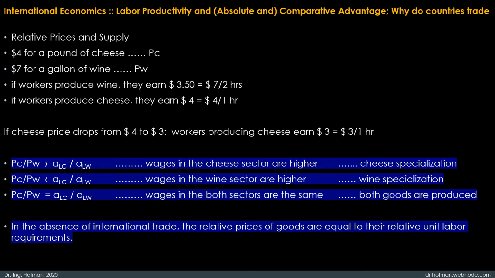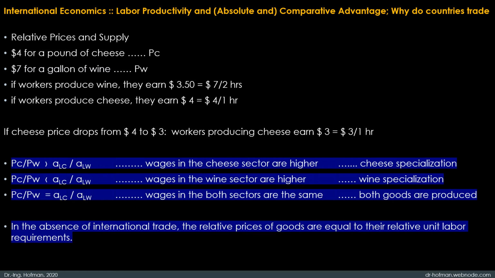In a competitive economy, supply decisions are determined by the attempts of individuals to maximize their earnings. In our simplified economy, since labor is the only factor of production, the supply of cheese and wine will be determined by the movement of labor to whichever sector pays the higher wage.